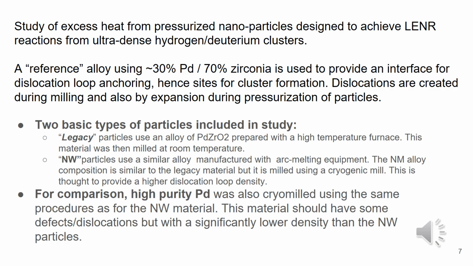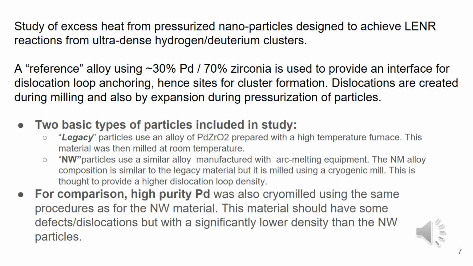Previously we have done these studies at low temperatures. We've used various materials. One is what we call a legacy particle, which is an alloy of palladium zirconia hydride oxide prepared in a high temperature furnace, which was then milled at room temperature.